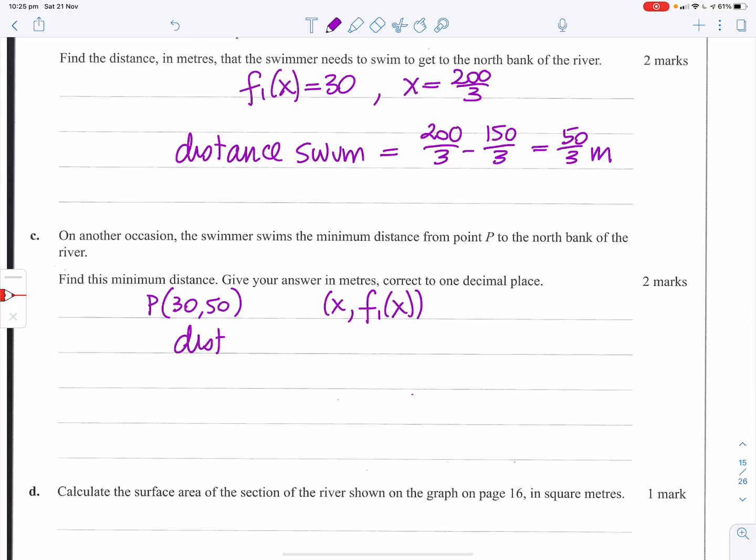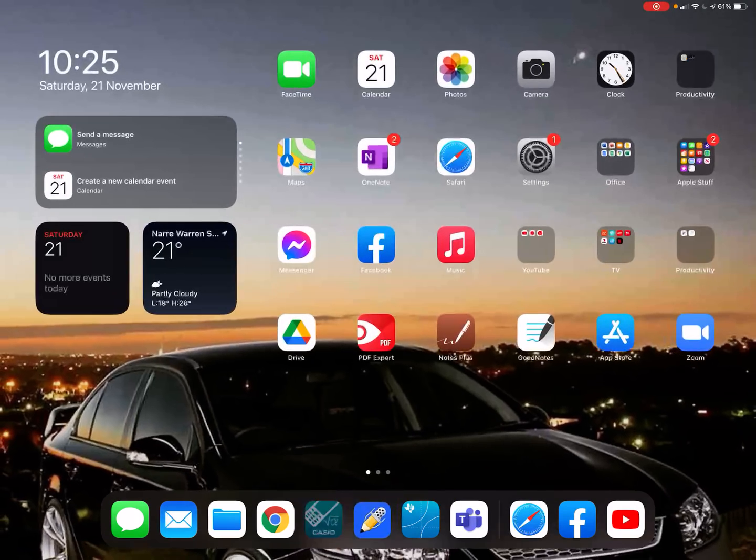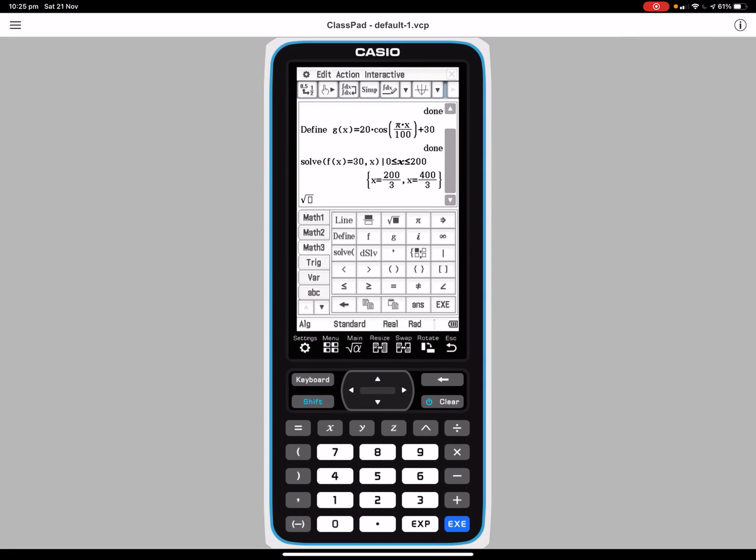The distance is the square root of (f1 of x minus 50) squared plus (x minus 30) squared.